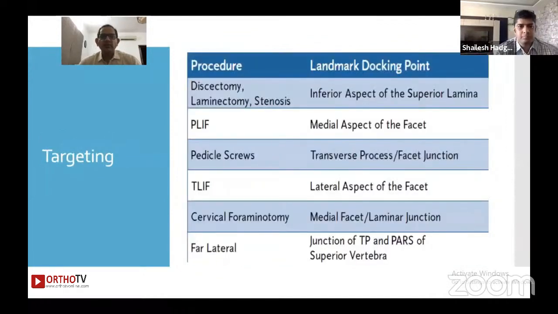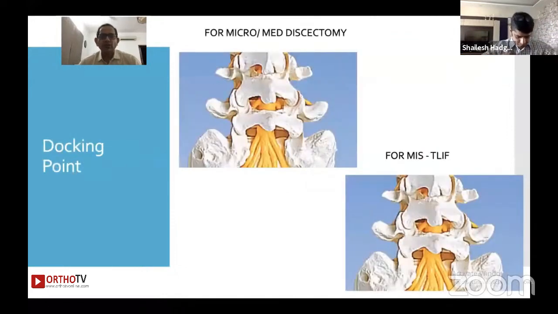And then subsequent to that, you need to do a perfect targeting. My colleague will deal with this in much greater detail, so I'll not delve into it a lot. But I'll quickly show you the point where you need to dock. For the microdiscectomy, it is the inferior aspect of the lamina of the superior vertebra where you need to dock your first dilator and subsequently proceed from there.